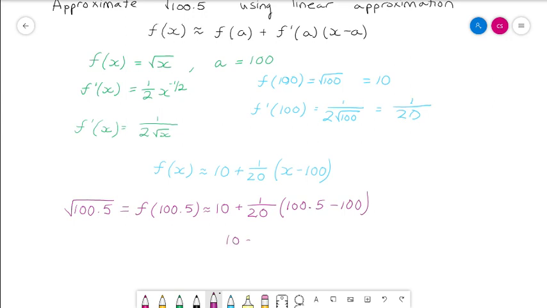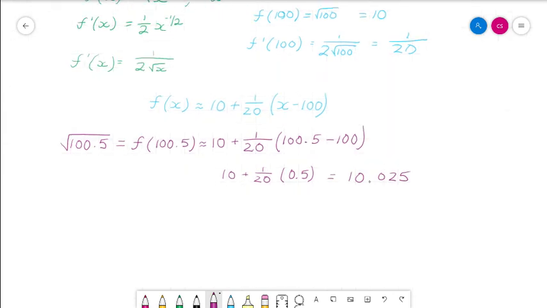All right, and now this problem right here is an arithmetic problem, whereas figuring out the square root of 100.5, that's much more difficult. All right, so there you go. We calculate that last part. So the square root of 100.5 is approximately 10.025.